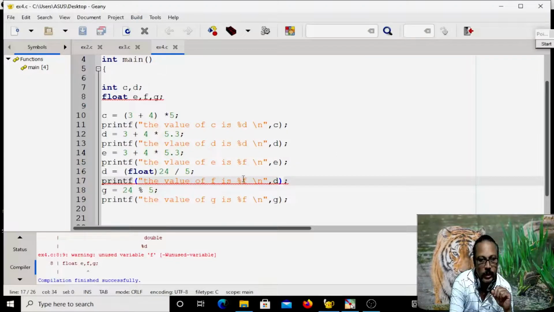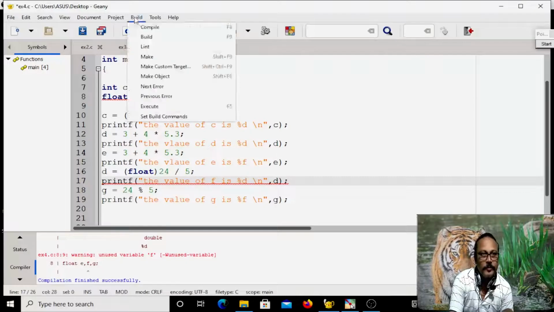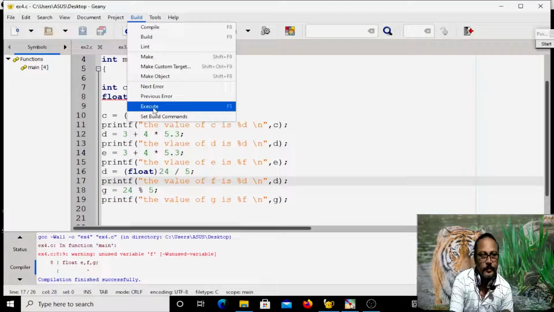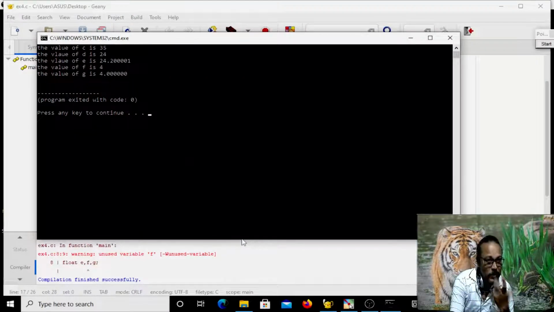Okay, here it should be percentage d. So gone. It is only 4. The fractional part is gone.